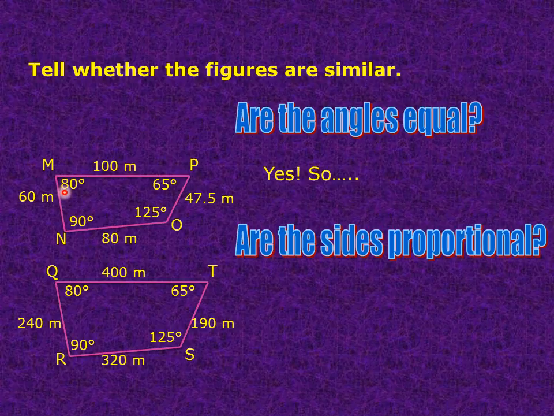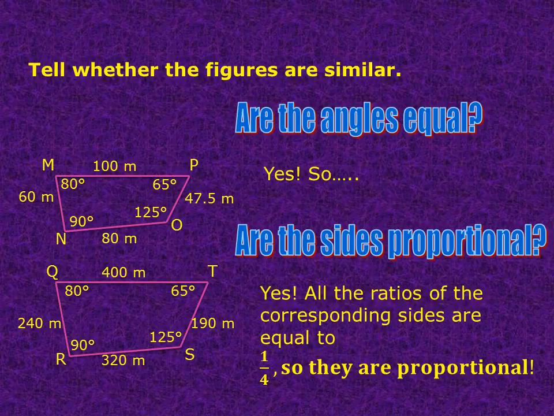And then MP to QT, which is 100 over 400. Now, these are all proportional sides. Even the 47.5 to 190, it simplifies down to 1/4. So all the ratios of the corresponding sides are equal and they are proportional.